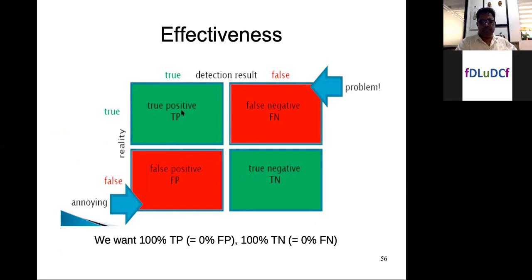True means good traffic, false means bad traffic. For the detection rule, true means detect the attack, false means not detect it. On the reality side, true means genuine traffic, false means attack traffic.